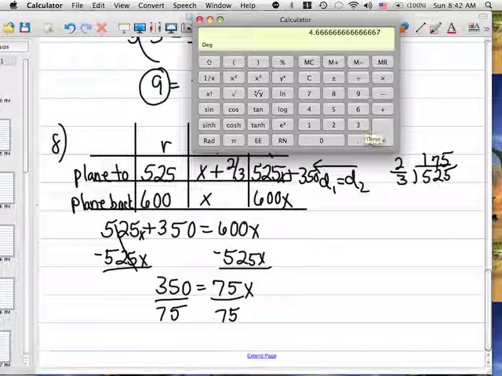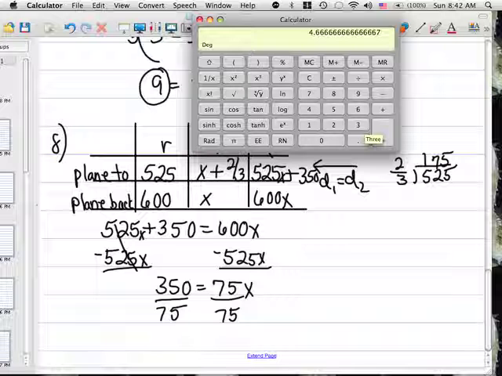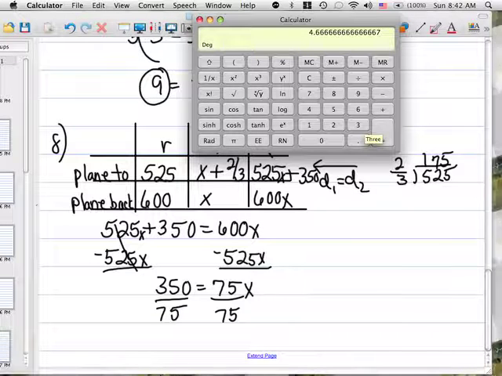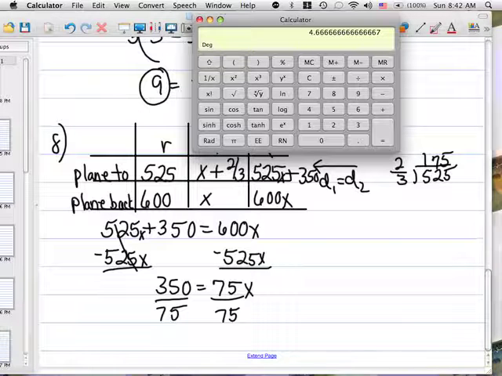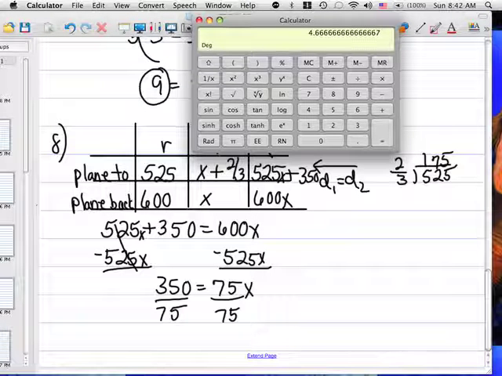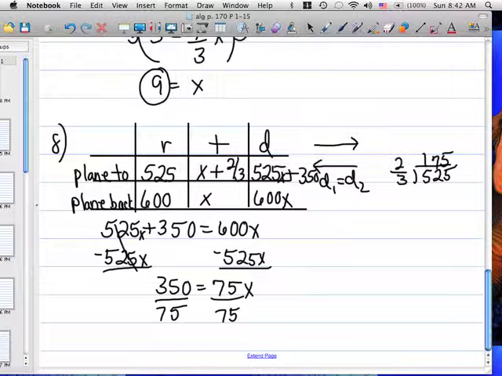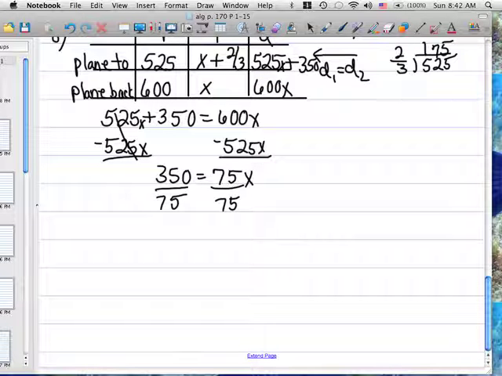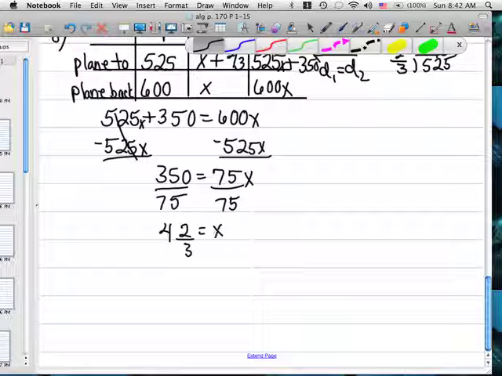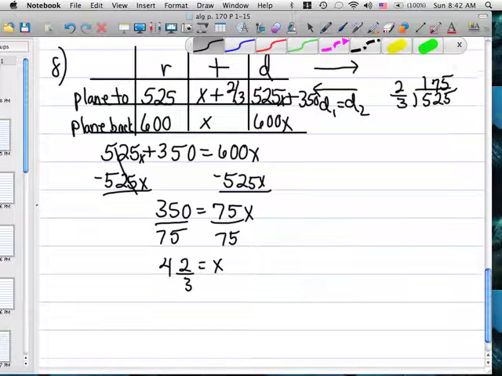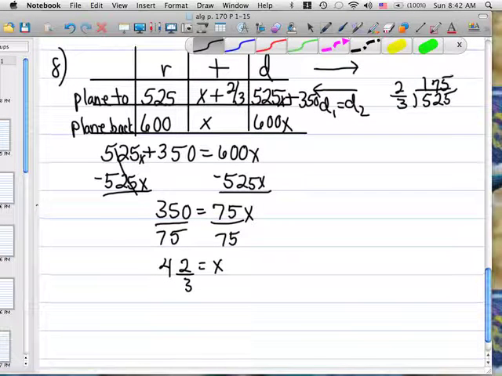It comes out to four and 2/3. And that's the time it took the plane coming back, 4 2/3 hours.